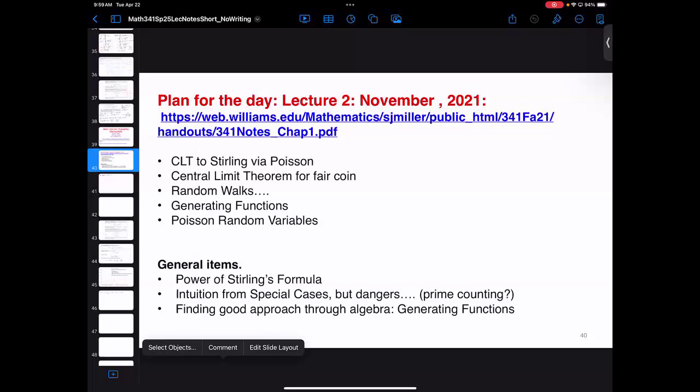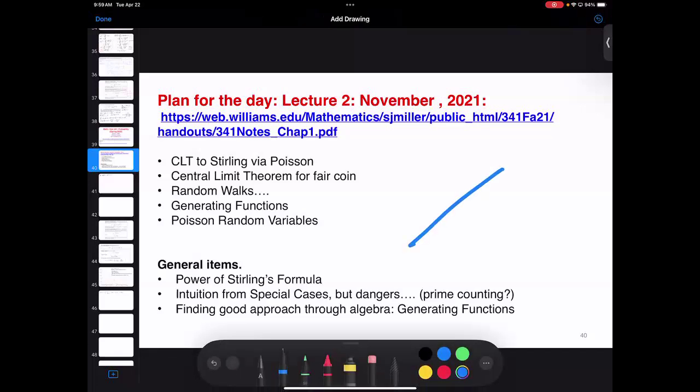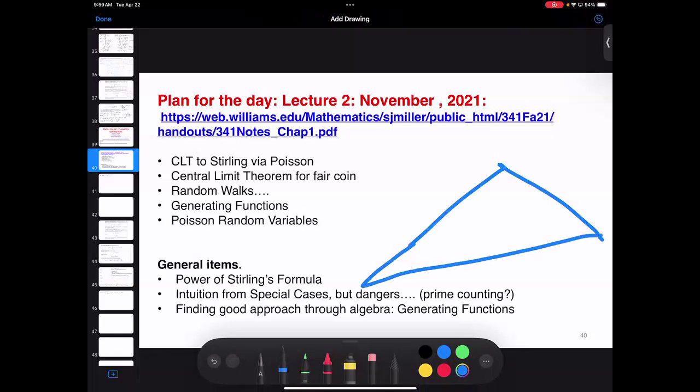Did we talk about Morley's theorem early in the semester, the triangle and trisecting? I'm reading a biography of John Conway right now, and one of the truly beautiful theorems going back thousands of years is, if I give you any triangle and I trisect the angles, and again, this is not being drawn well, I apologize, you get 3 points of intersection, and those 3 points always determine what kind of triangle?